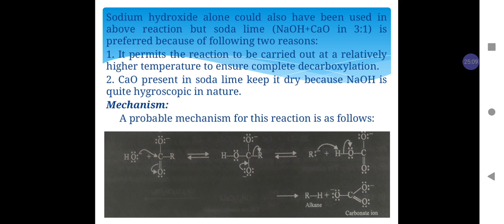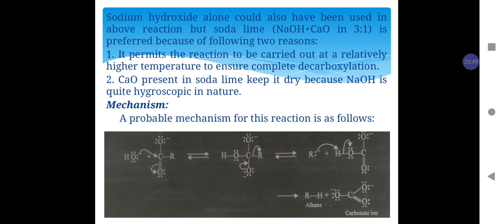The mechanism of this reaction is as follows. In this reaction, the hydroxide ion attacks the carbon atom of the carboxylate anion as shown in the figure, followed by removal of the alkyl group from the intermediate formed to give an alkyl anion and hydrogen carbonate.